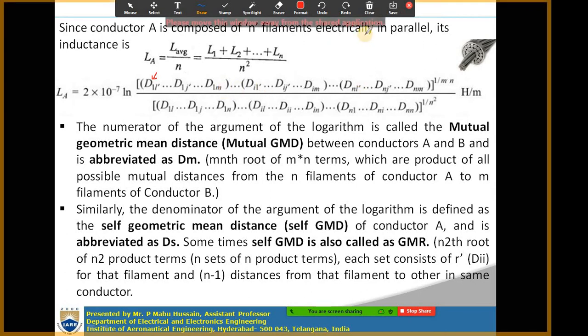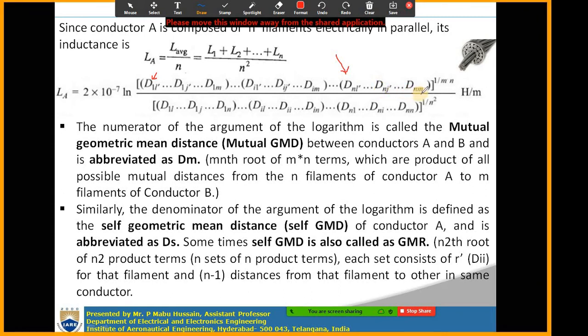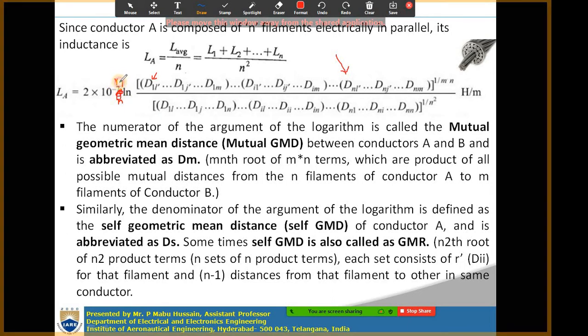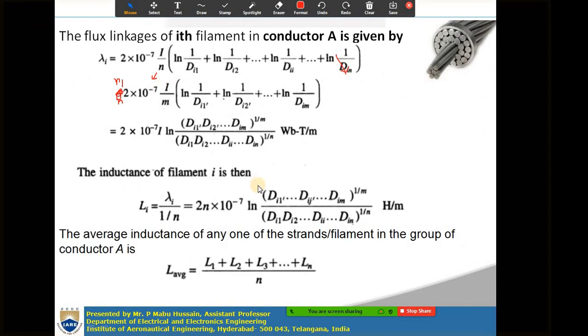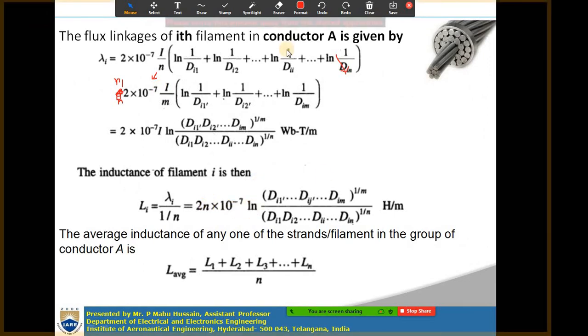Then if you take the nth conductor, n1 dash, n2 dash, n3 dash up to nm, like that you have to consider whole to the power of 1 by mn, as there are n number of conductors, right. So, before you were having n here. In the previous slide you see the expression, here you are having n.